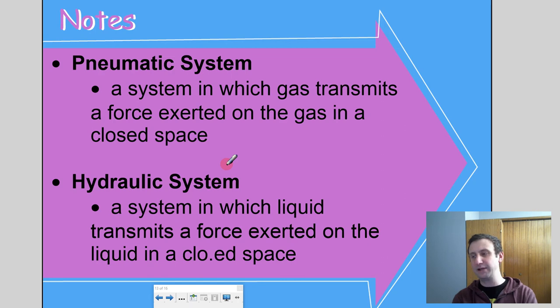Pneumatic systems, with gases, typically have to do with very fast movements, while hydraulic systems are normally slower and give a force advantage. So pneumatic normally has to do with speed and a little bit of springiness, while hydraulic has to do more with force exerted. A hydraulic system is one in which liquid transmits a force exerted on the liquid in a closed space.